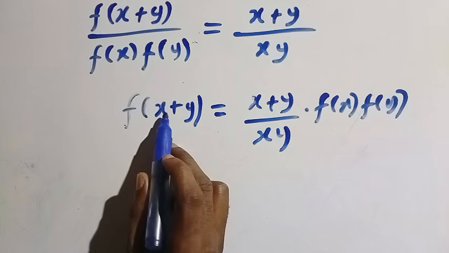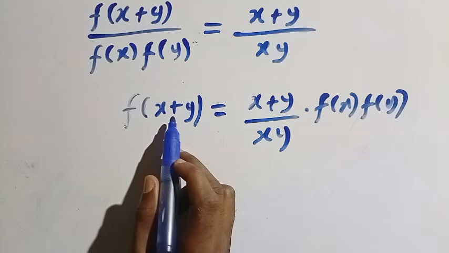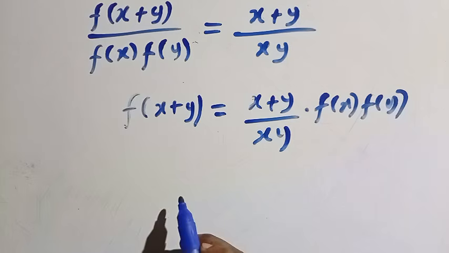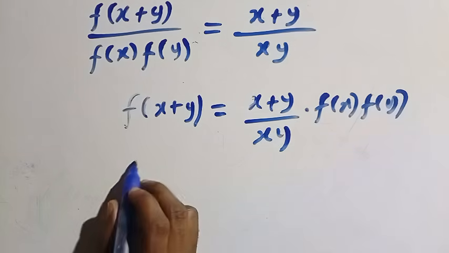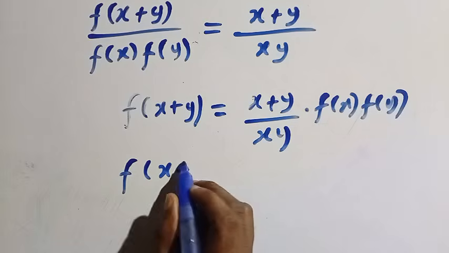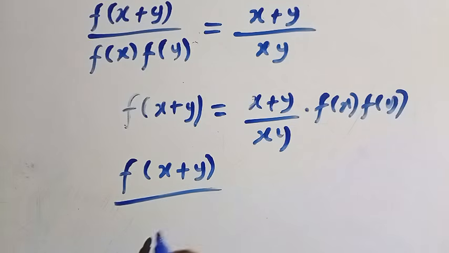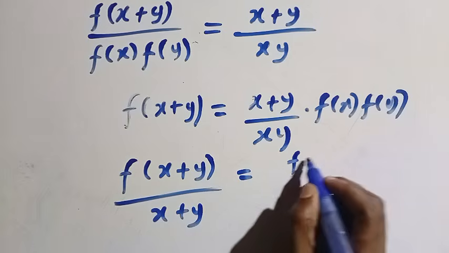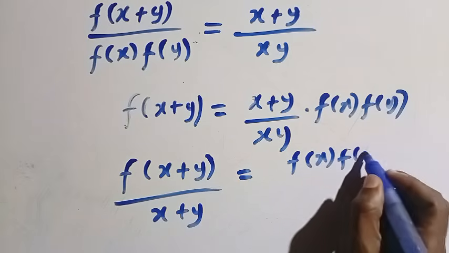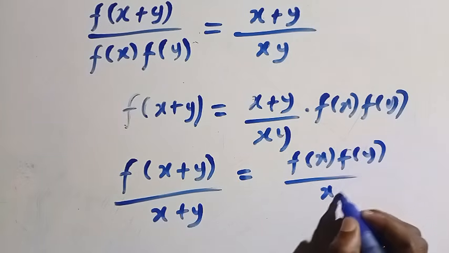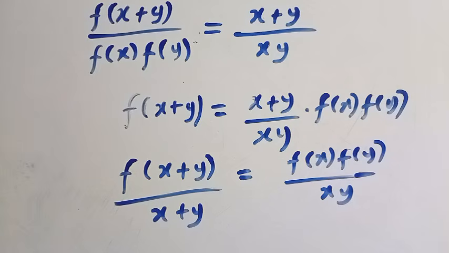This is f of (x plus y), this is (x plus y). If I multiply 2 by 1 over (x plus y), this cancels here, and we have f of (x plus y) over (x plus y) equals f of x, f of y divided by xy.